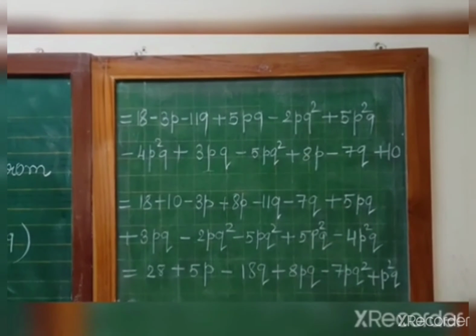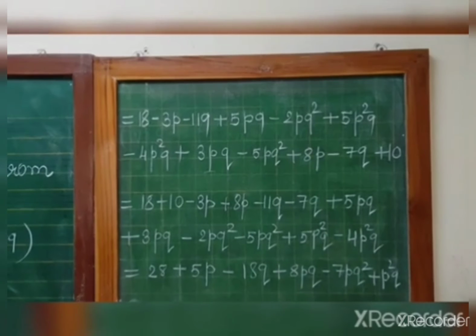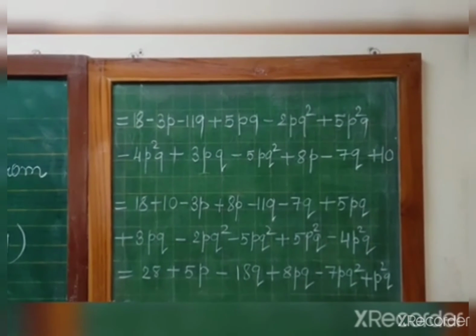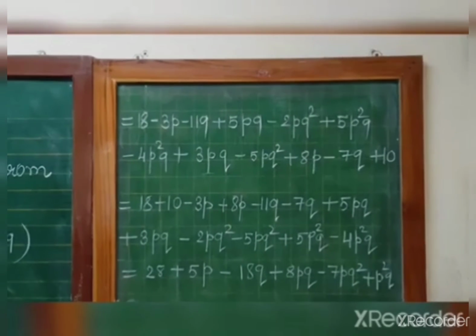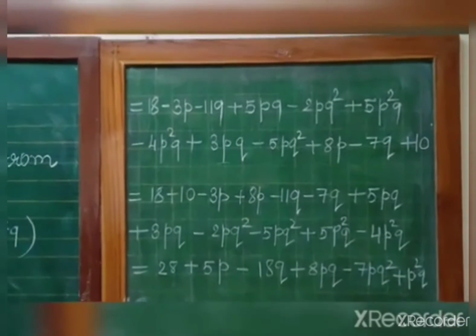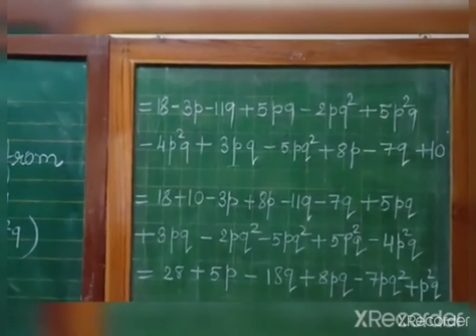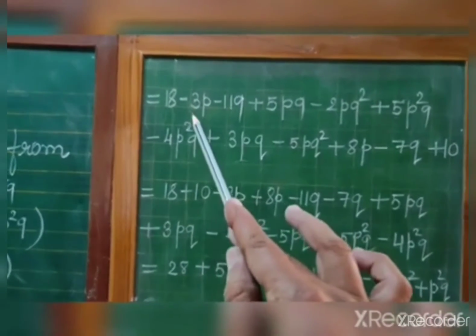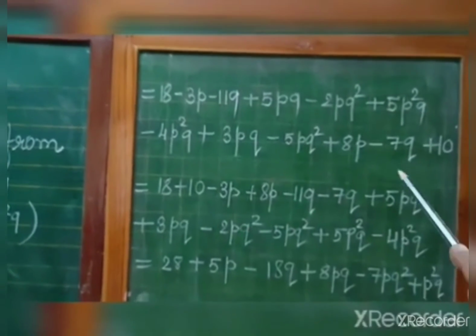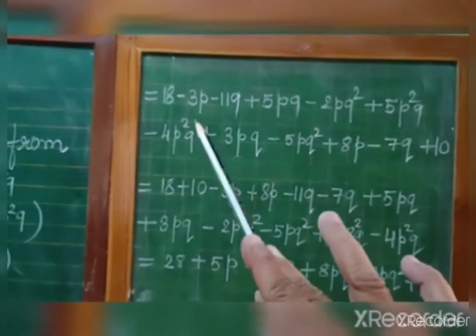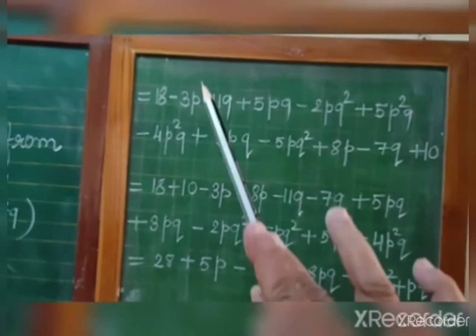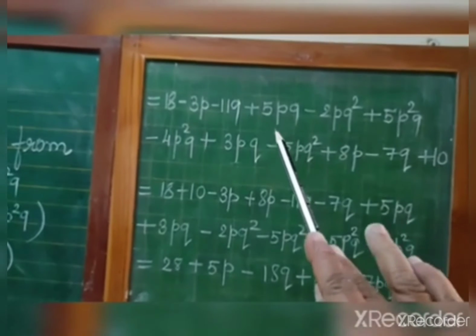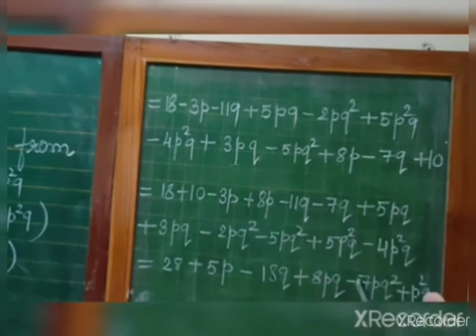Minus 4p square q plus 3pq minus 5pq square plus 8p minus 7q plus 10. Now we will collect like terms. The constant, the numerical value, is also there. So 18 plus 10. Then minus 3p plus 8p. Minus 11q minus 7q. Plus 5pq plus 3pq.